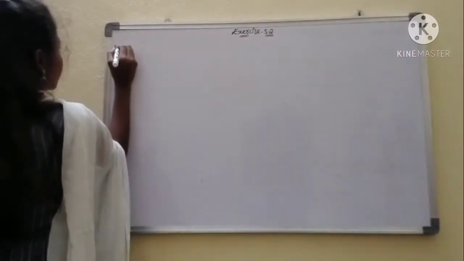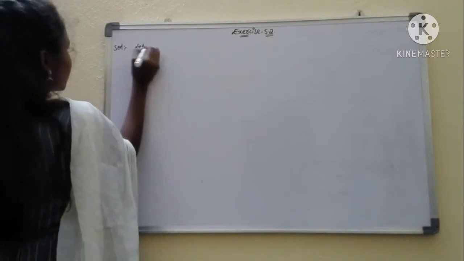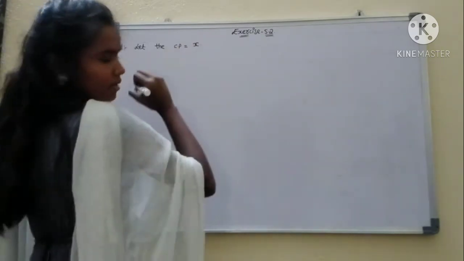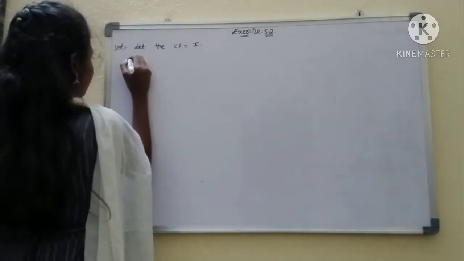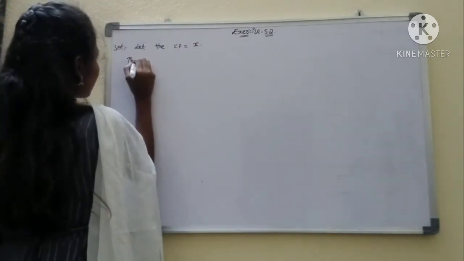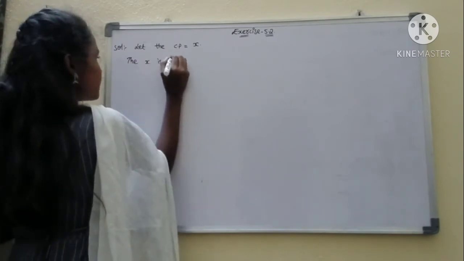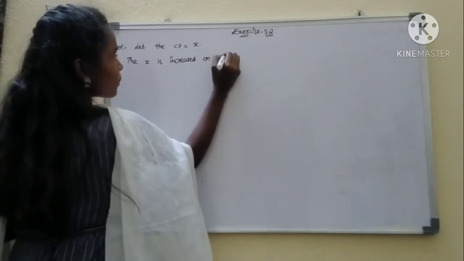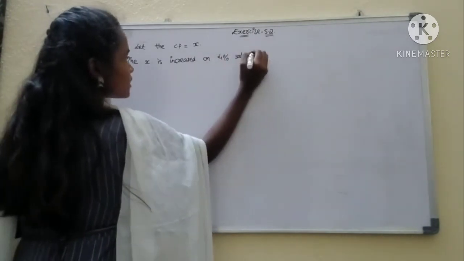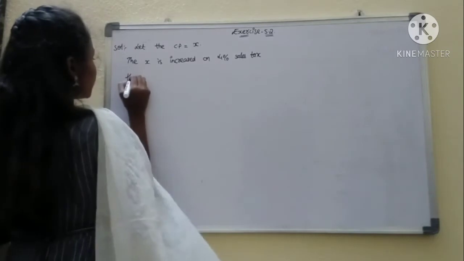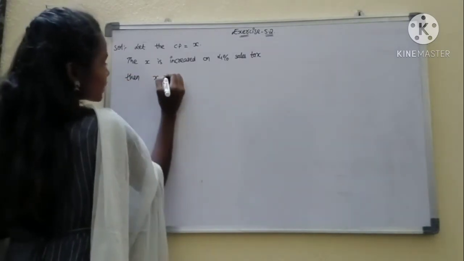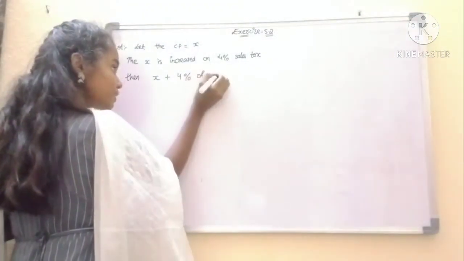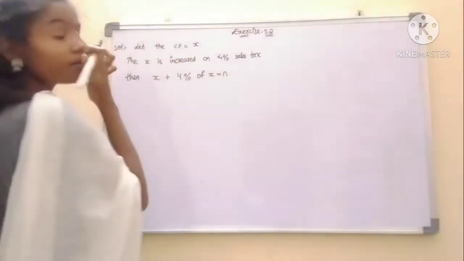So first of all, let the cost price be x. Then next, x is increased by 4% sales tax, then it becomes x plus 4% of x is equal to n.